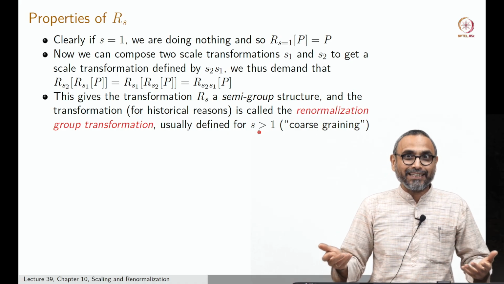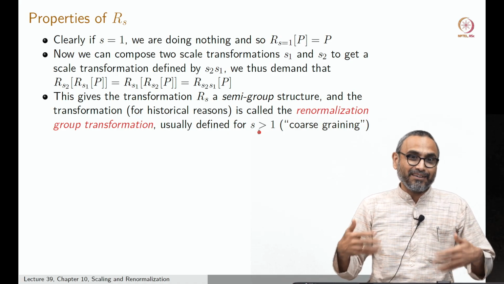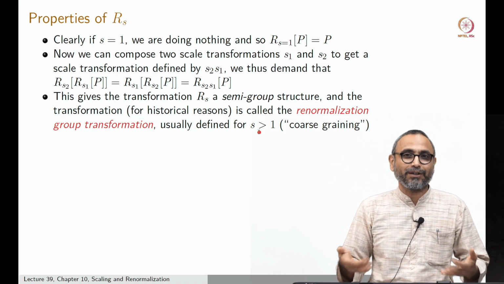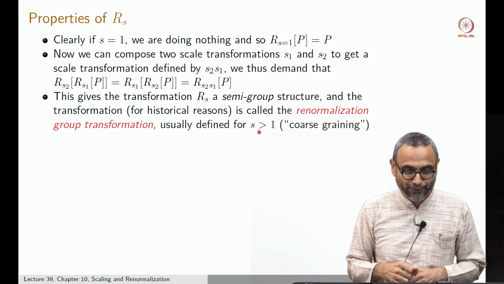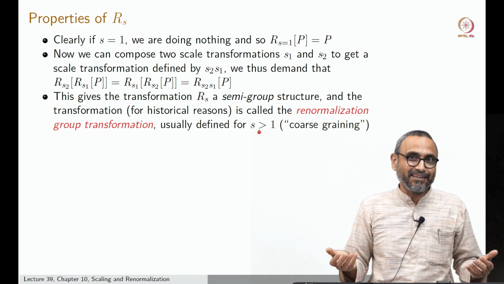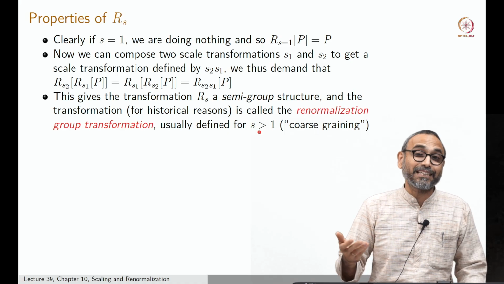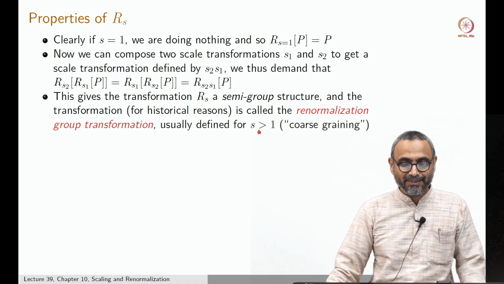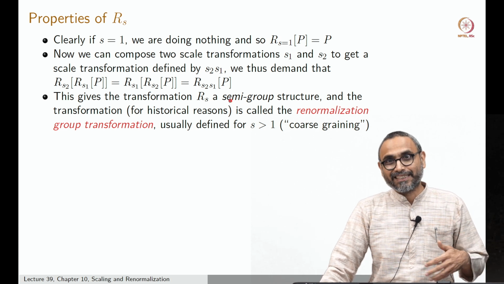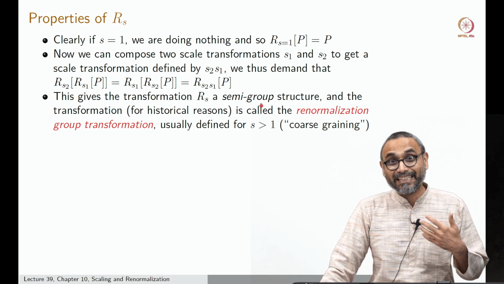And when you do that, you actually are going to lose information, or keep only the most important information, is a more precise way of saying it. And therefore, the inverse is not generally something that is expected to be meaningful. And this is why this renormalization group transformation is a semi-group transformation.